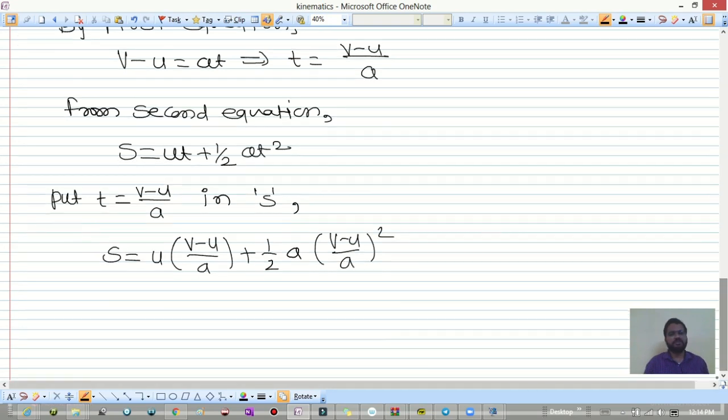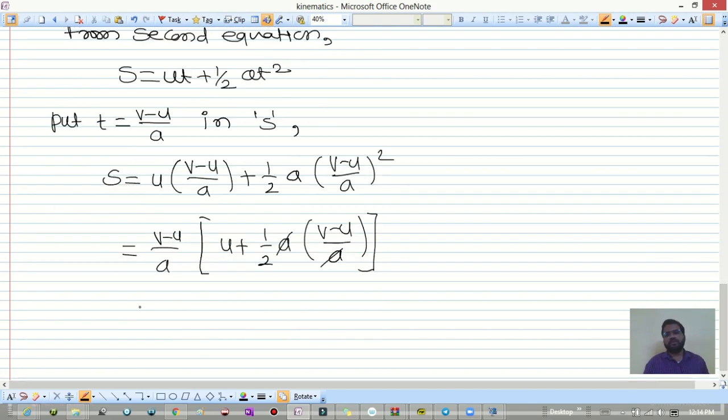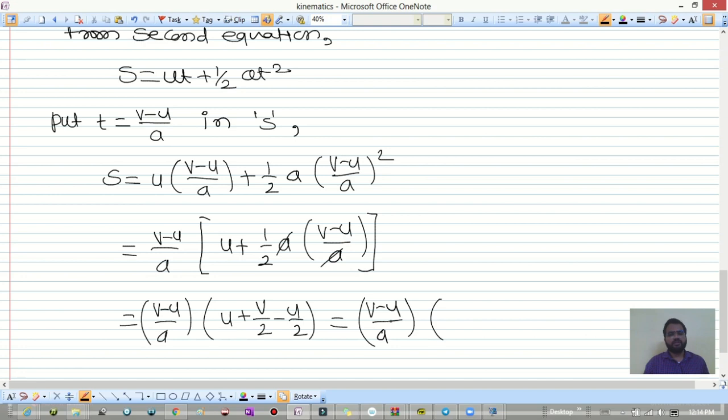Now take v minus u divided by a common. It will be u plus 1 by 2 a times (v minus u divided by a). So this gets cancelled, and we'll get v minus u divided by a multiplied by u plus v by 2 minus u by 2, that is v plus u divided by 2.